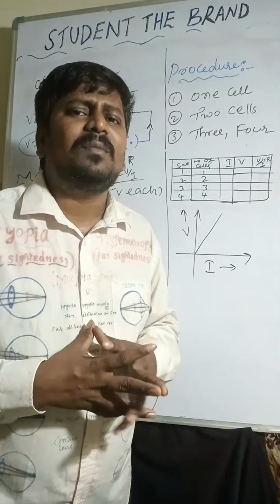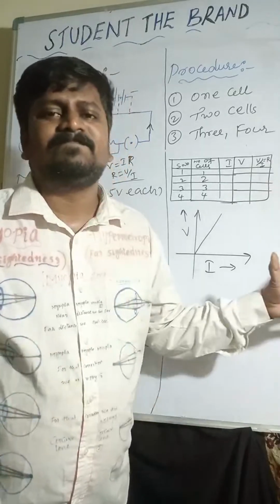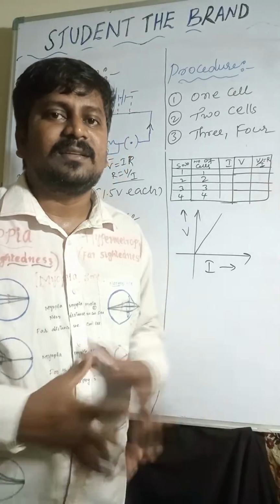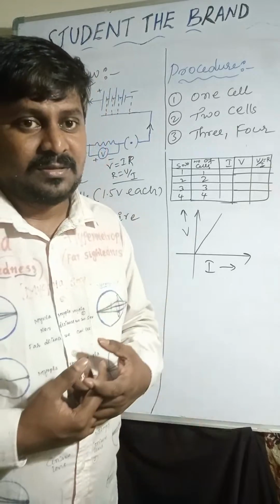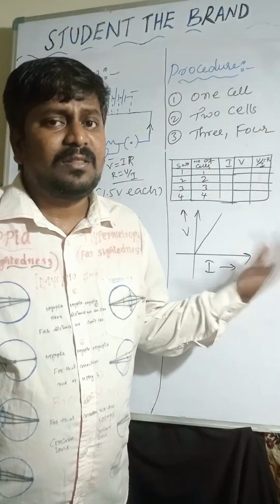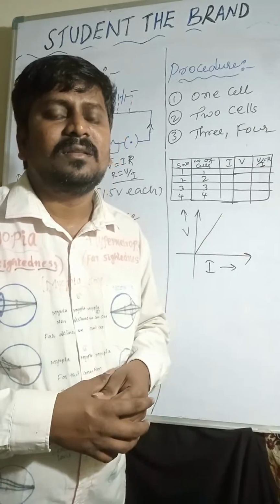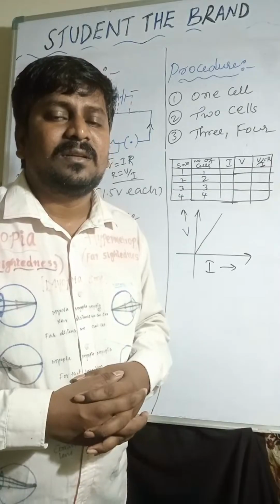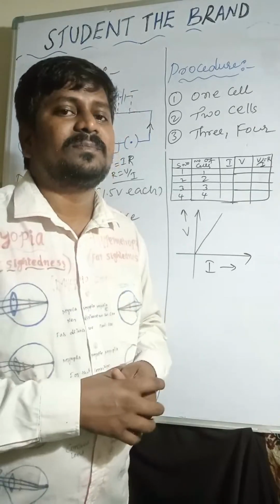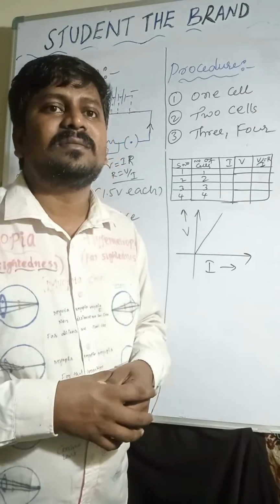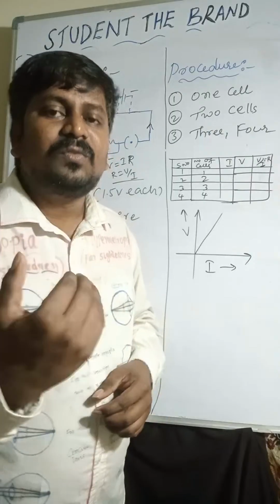We need to develop them without any substitute. We can't substitute all these things. You have to do it. You have to learn. There is no other option. Yes or no? You have to learn. Then only you will succeed.